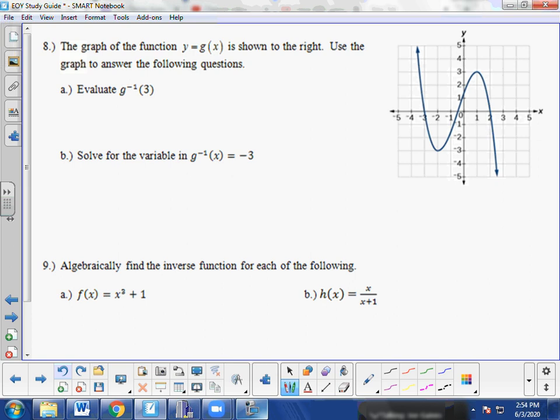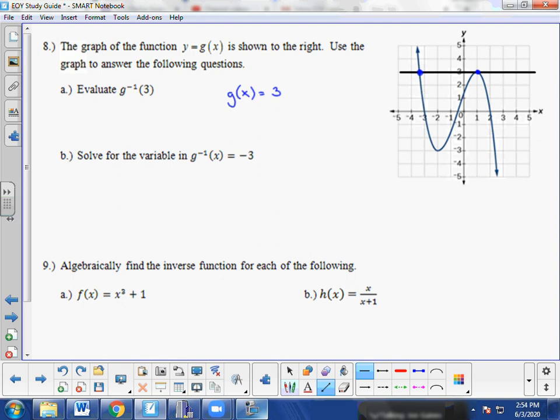This would be the same as looking for g of x equals 3. So basically what we're looking for is a location on this graph where the y value is 3. And we have 2 locations. Both of these 2 points would match up.